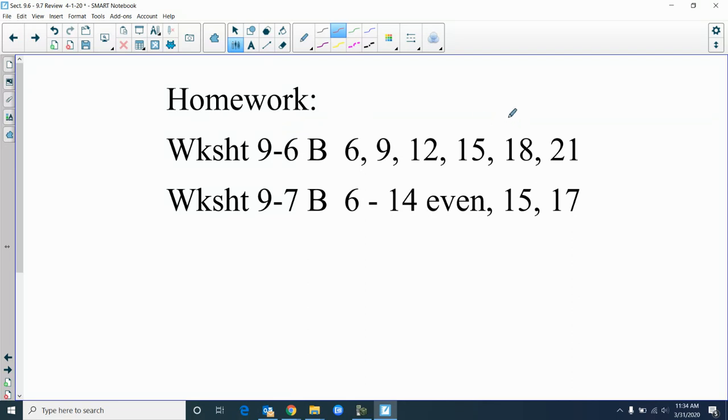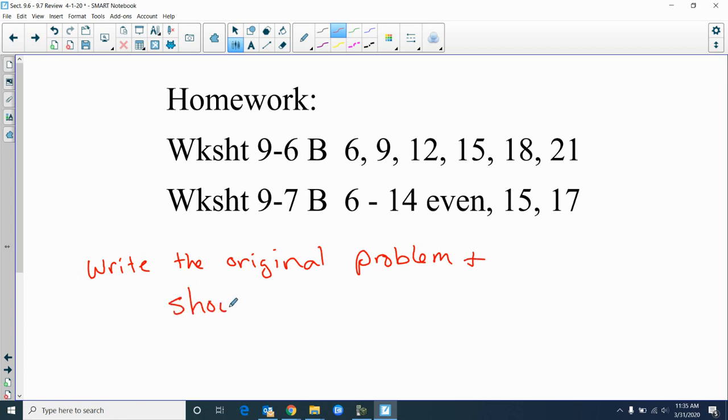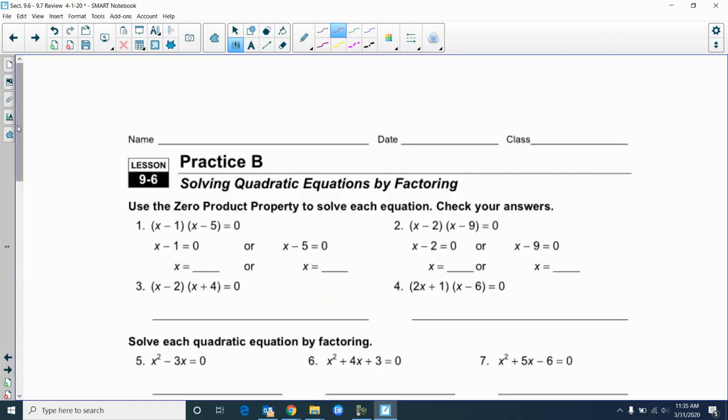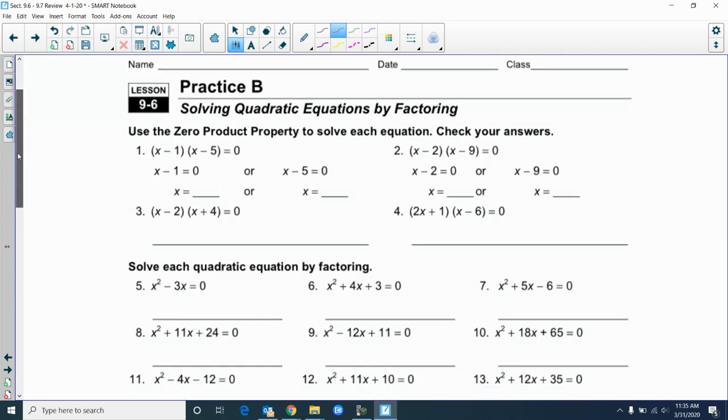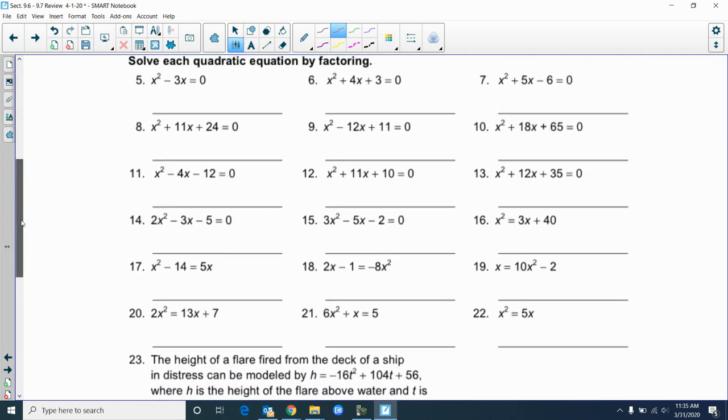All right, here's your homework. Do this on a separate sheet. Write the original problem down and show your work. Now you can print it off under the modules, but I also have on here, here's 9.6, okay?